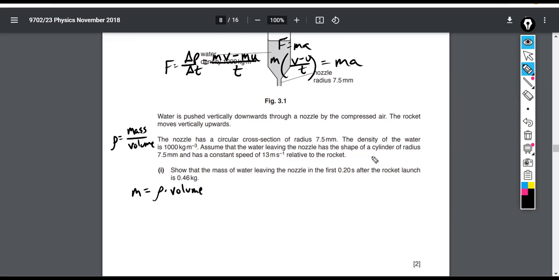All right, a cylinder. Does anybody know how to calculate the volume of a cylinder? If you don't, it's okay, because it has a circular cross section. And this is the way to think about volume in physics. The two-dimensional area, the area of the base, times the third dimension.